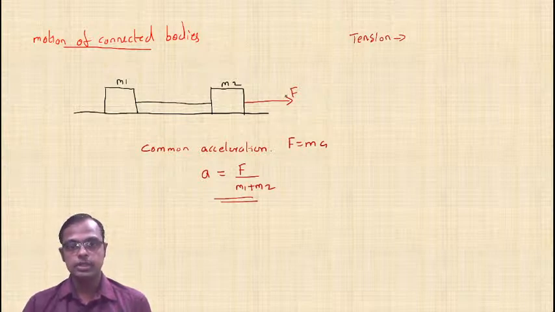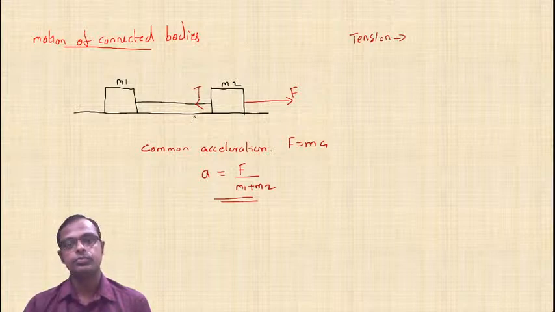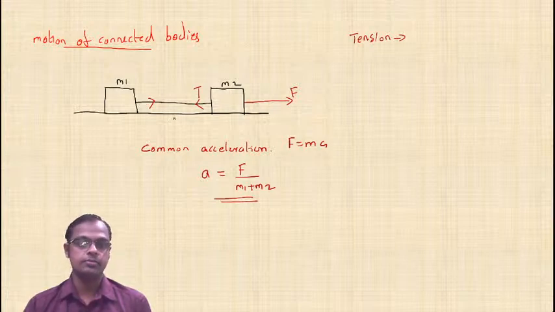When the force is applied on M2, a tension will act on the string in this direction, near M2, and we can mark it as the tension T. That same tension, when it comes to M1, acts in the right side direction.